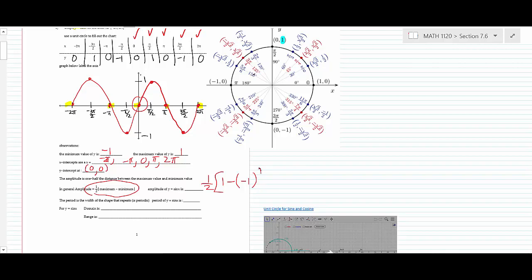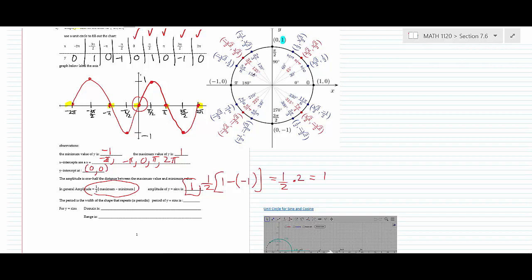So if you do that, you would end up having 1/2 of 2, so that would be 1. So the amplitude of the sine is equal to 1. Now here's what it really means. If you look at the graph, this is what an amplitude is. Okay, this is all it is. How far apart is it from there to there?